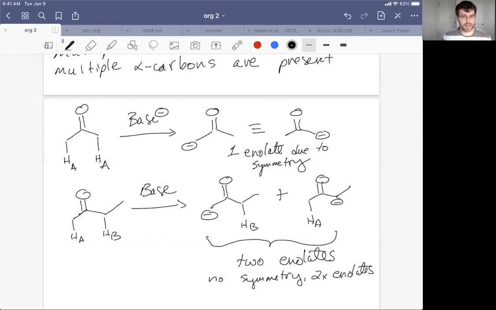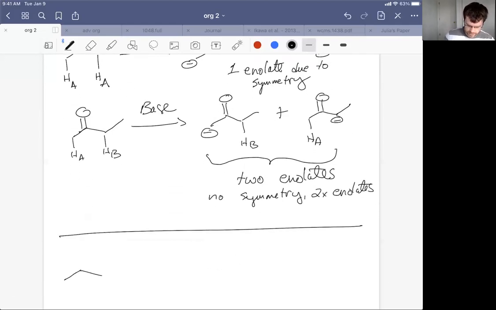So you're just looking at that alpha position, that carbon right next to the carbonyl carbon. See if it has some alpha hydrogens, if it is present. Now see if those are the same on either side. So as you would expect, if you've got just one carbonyl, you have a maximum of 2 possible enolates that you can form.